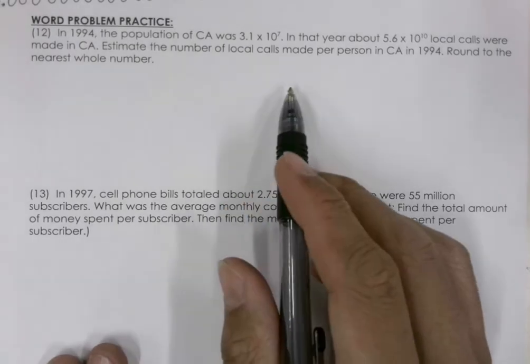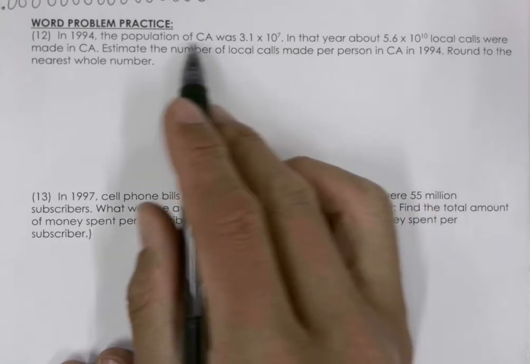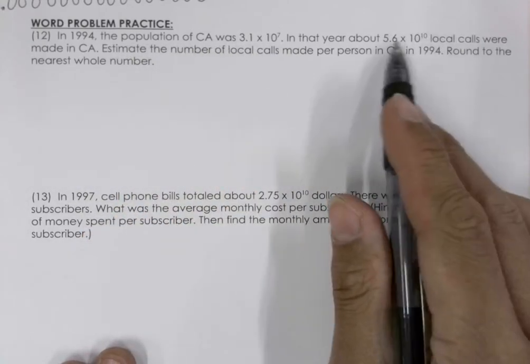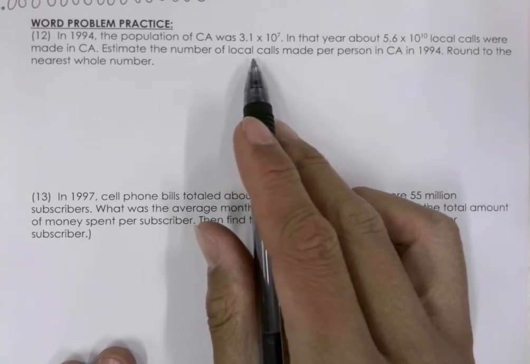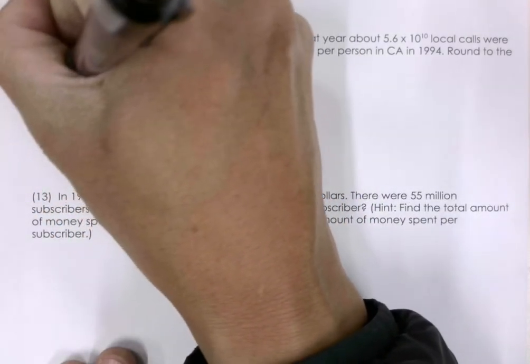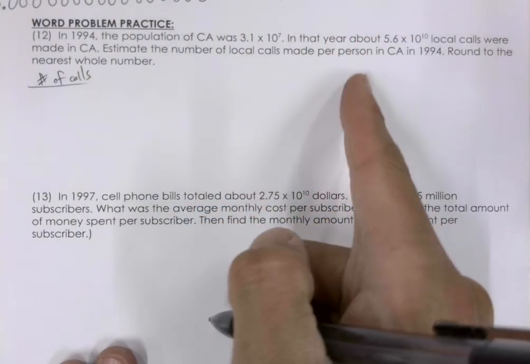Okay. So how can we solve this problem? Well, we're given the population of California, and we're given the total number of calls made. So if we want to find the number of calls made per person, it's number of calls divided by the number of people.